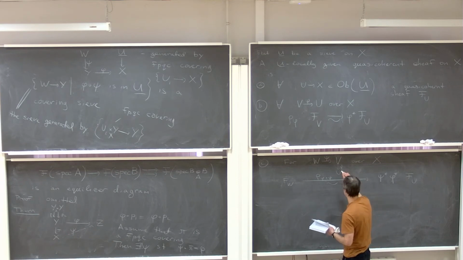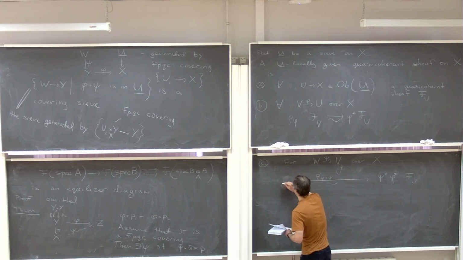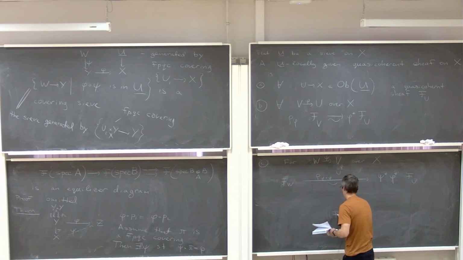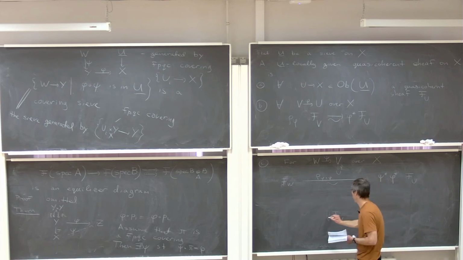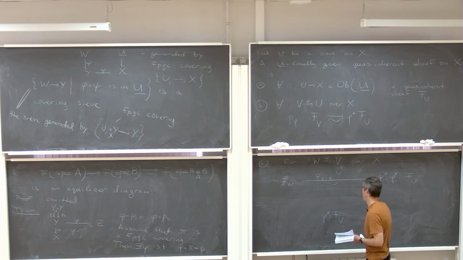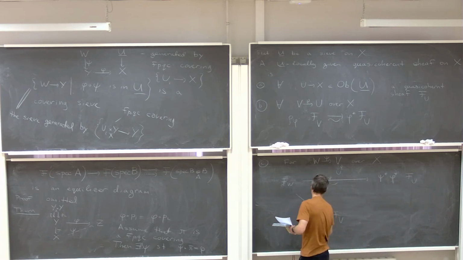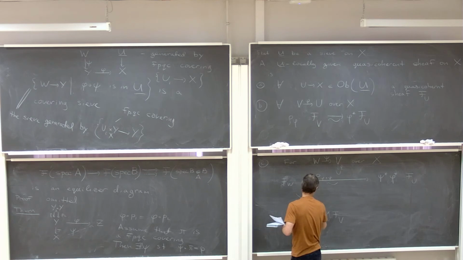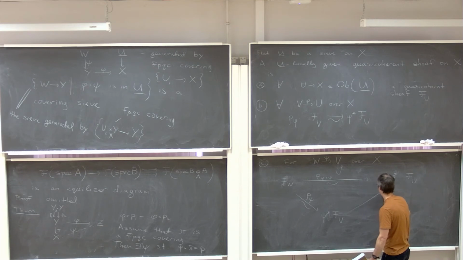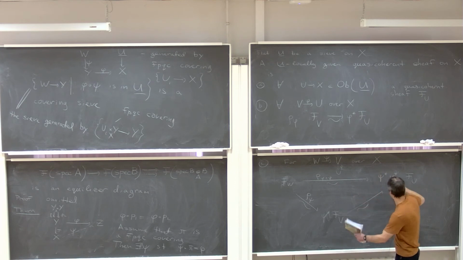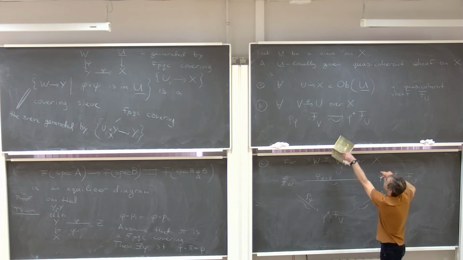On the other hand, there is another way to construct an isomorphism between these two quasi-coherent sheaves. So this is my F, this is F_V. I can first identify these two guys using rho psi. And then I can identify these two guys just by pulling back this isomorphism here.